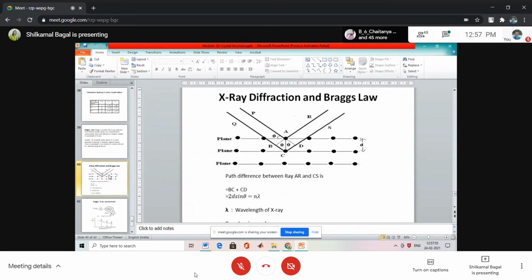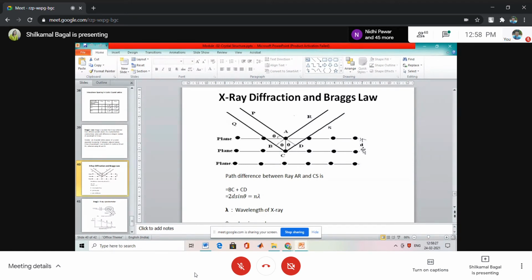See this diagram here. In the diagram shown, the crystal planes. Suppose this is one set of crystal planes. You can see here these black dots. These are nothing but the crystal atoms. Here, suppose this is the set of crystal planes for which the interplanar spacing, that is the distance between successive planes, is d, small d.